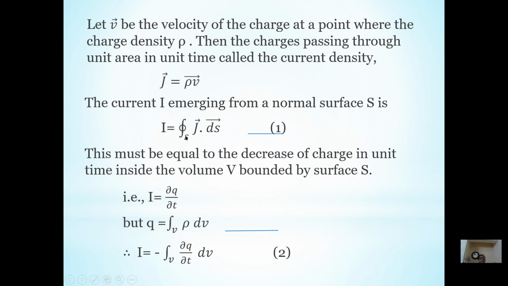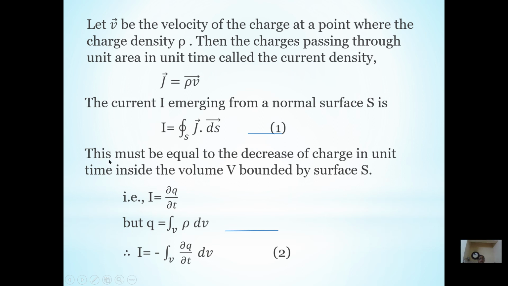So integration implies the total current passing through a surface S. So this equation, I is equal to the surface integral of J dS, implies the total current passing through the surface S. This is considered as equation 1.